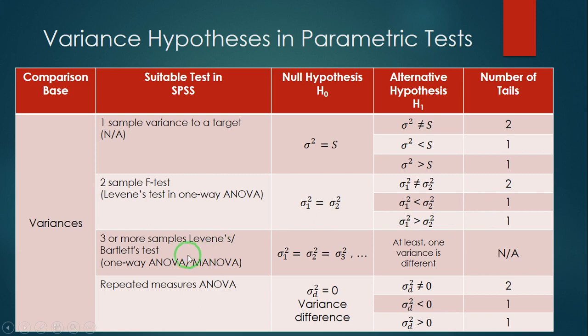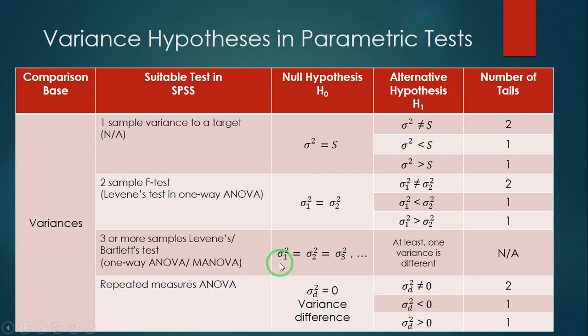And if you have three or more samples, you can run a Levene's test again in one-way ANOVA, or Bartlett's test in MANOVA or factor analysis. I will talk about them in detail in my videos on multivariate data analysis.